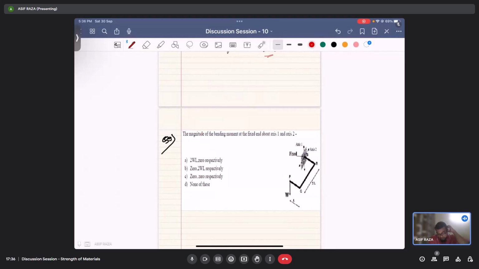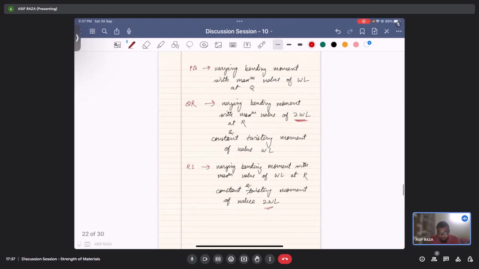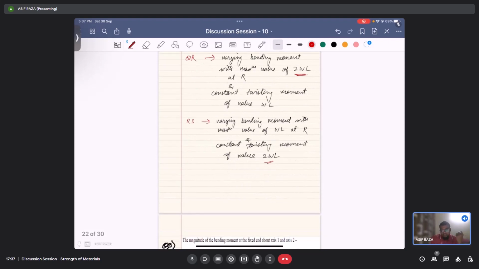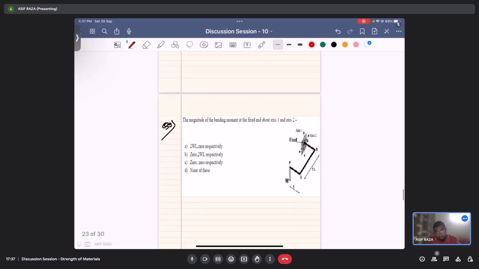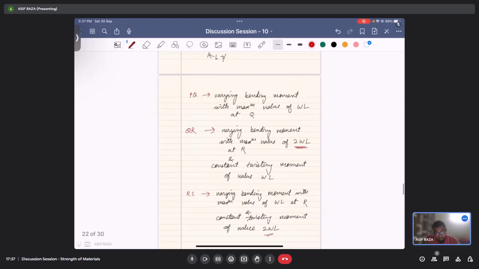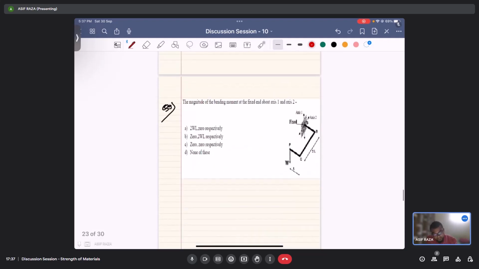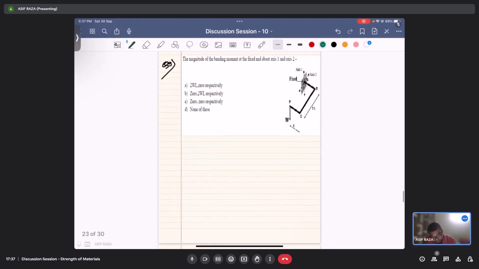So about axis 1, if I see the system, the bending moment about axis 1. If you see the final thing RS, there is a varying bending moment with maximum value of WL at R. So at R it's WL, but as we move further, I'll just draw this thing.